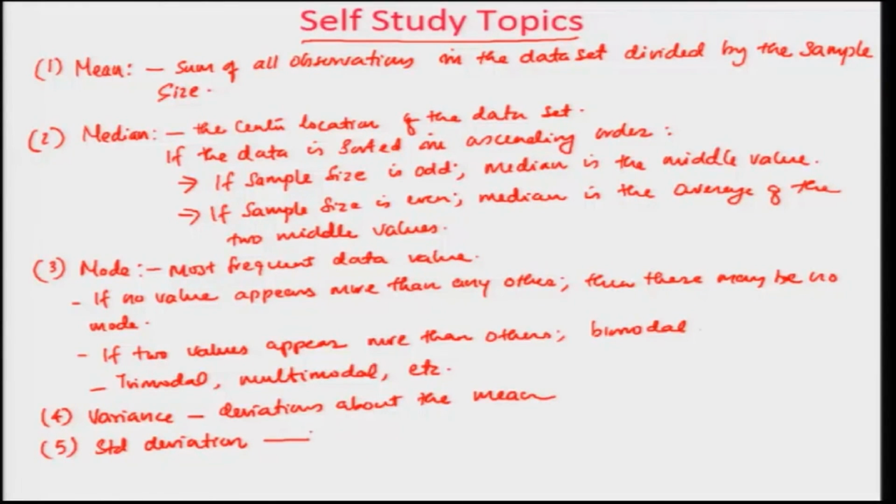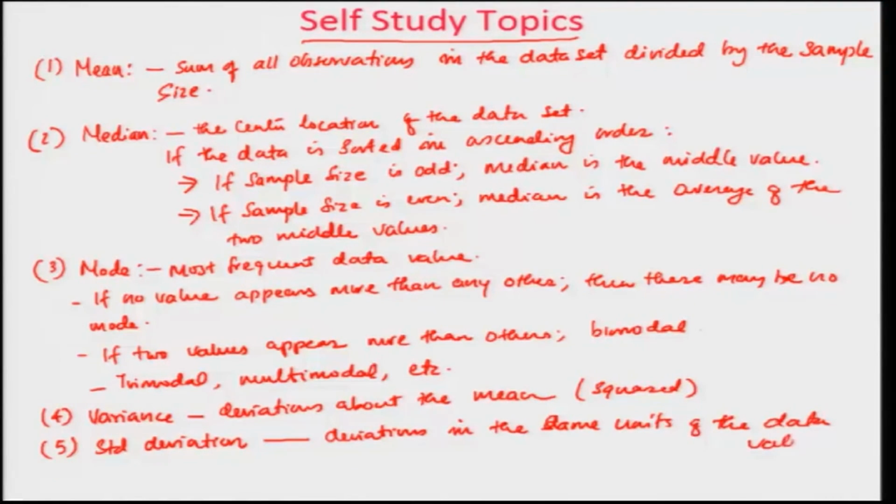It is the deviation in the same unit as that of the data value, whereas variance you can think of as being in squared units of the data. Then you also need to study something called quartiles. Okay.